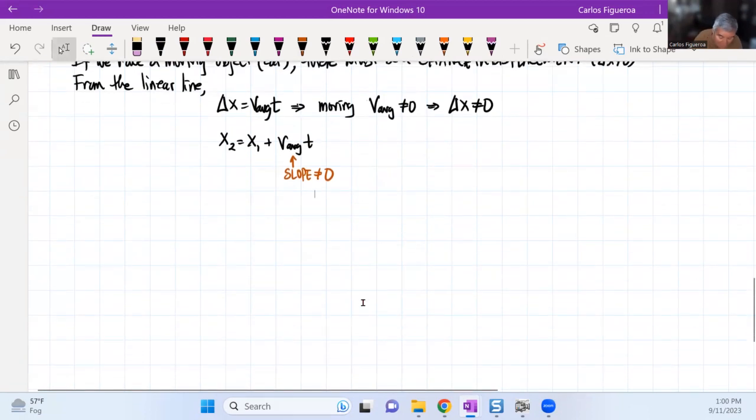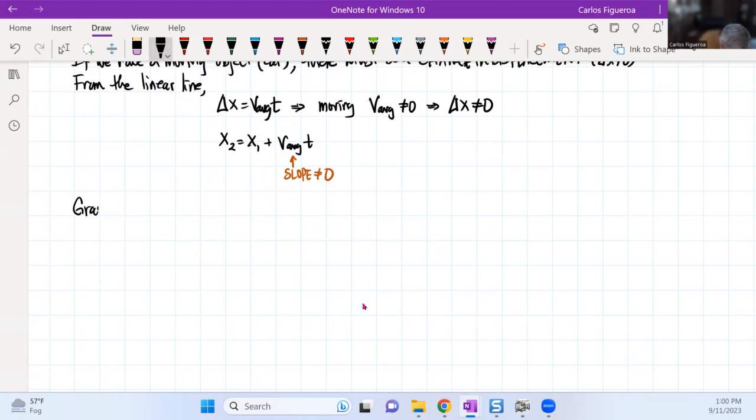So let's graph this thing now. So graphically, how do we see this? I'm going to imagine that I have two pieces to this graph.